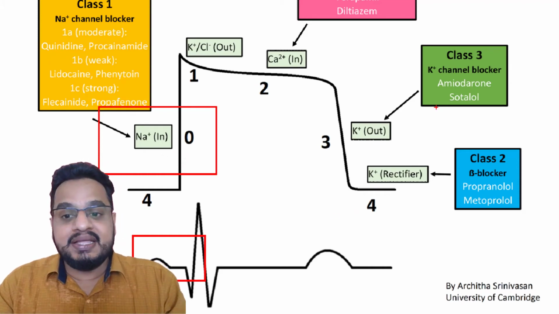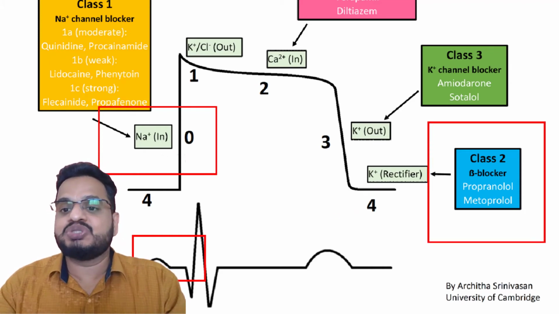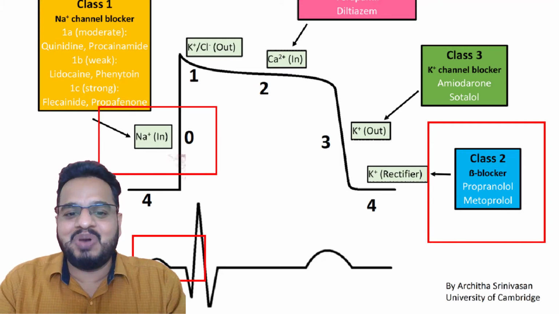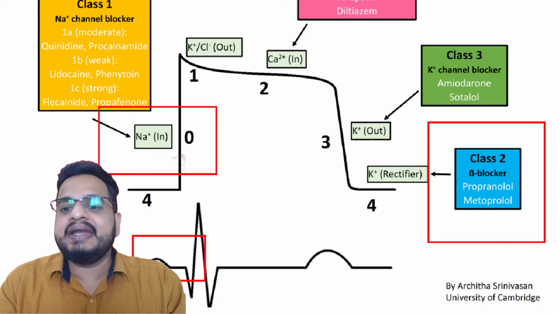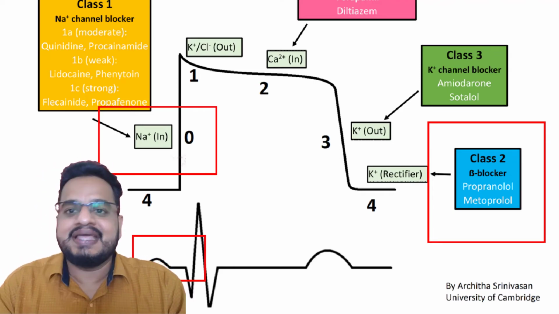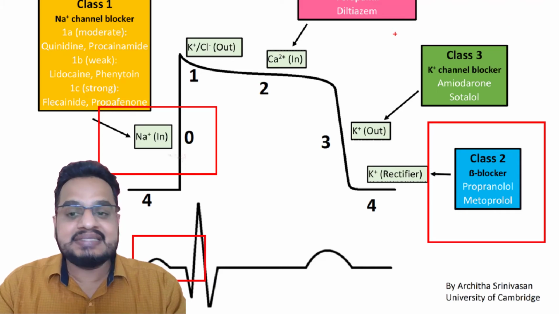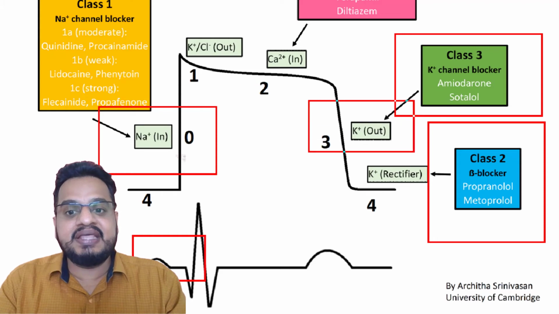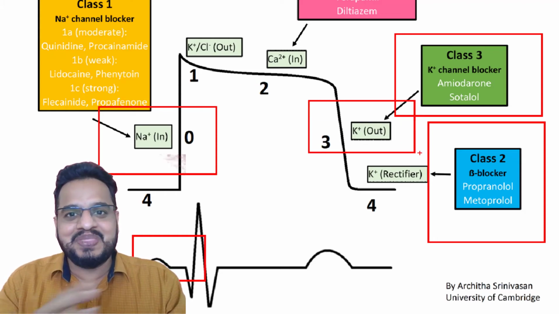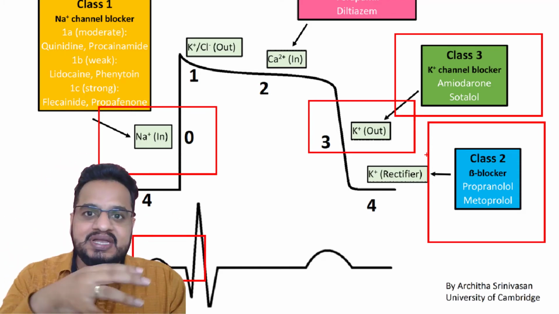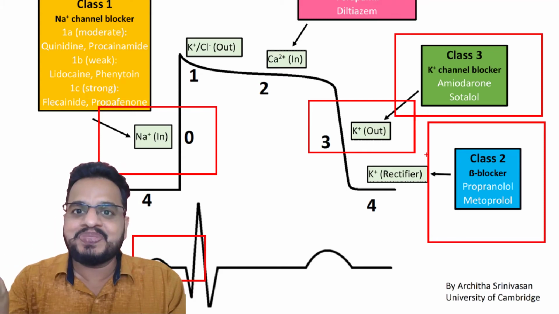Then next would be class 2. Class 2 are the beta blockers. Got it? Examples, as you know, are propranolol or metoprolol. Then next would be class 3. These are the potassium channel blockers. They act at this particular juncture of your voltage current graph, millivolt versus millisecond.